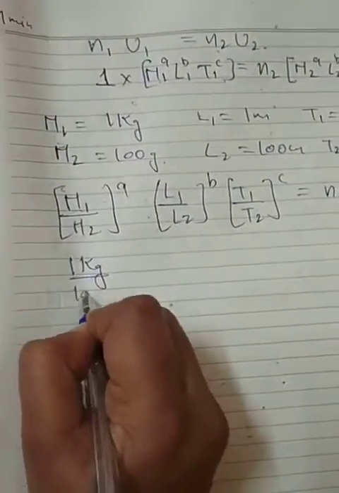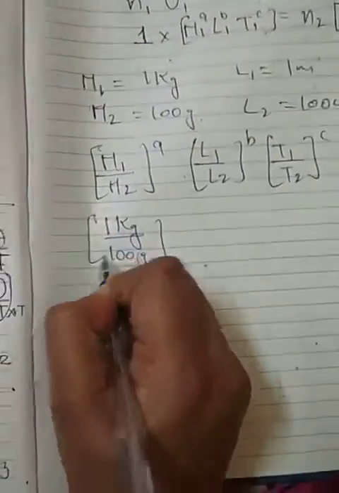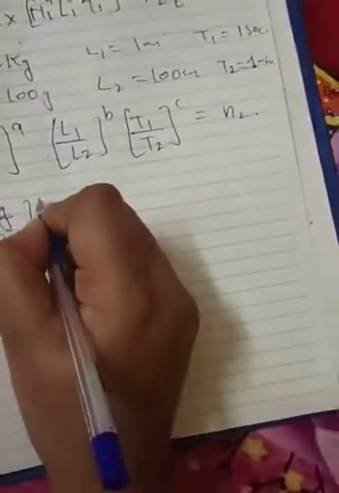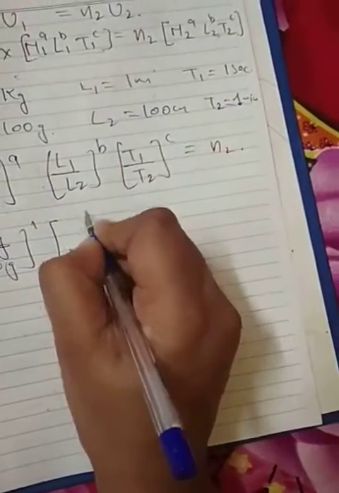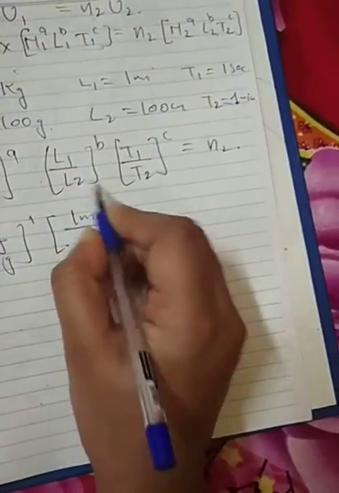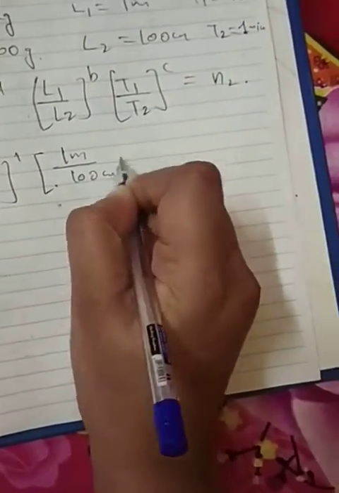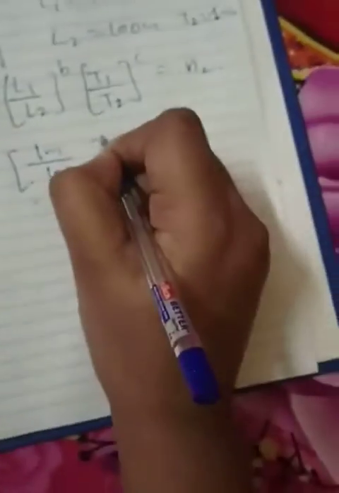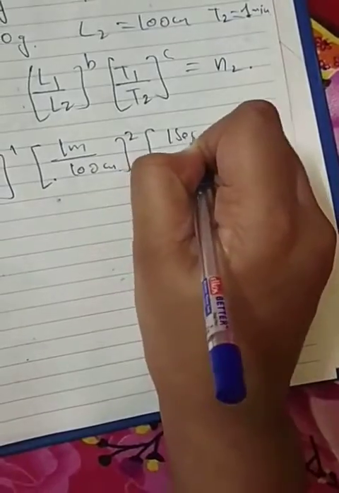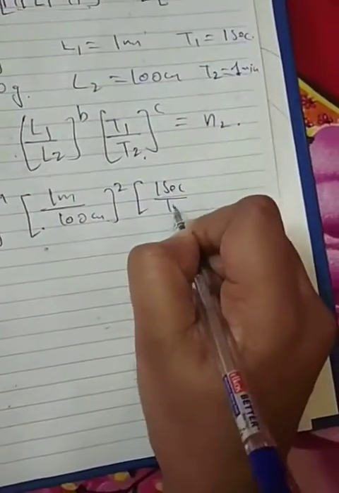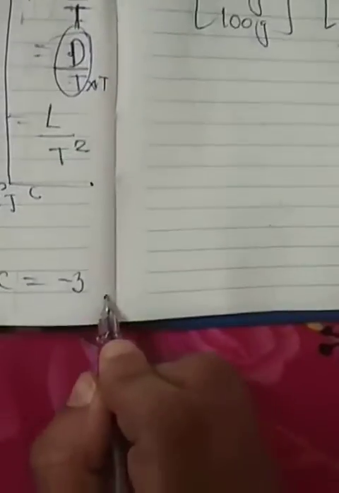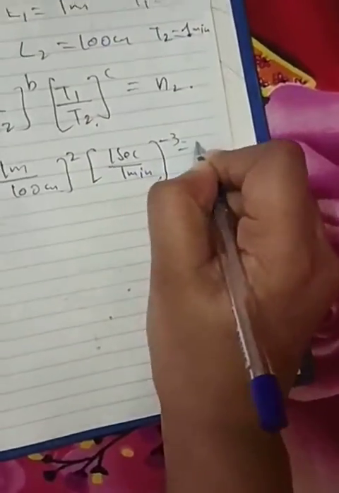How much is my m2? 100 grams. What is the value of a? It is equal to 1. L1 is equal to 1 meter, L2 is 100 centimeter, and b is equal to 2. T1 is equal to 1 second, and t2 is equal to 1 minute. What is my c? c is equal to minus 3. This equals n2.